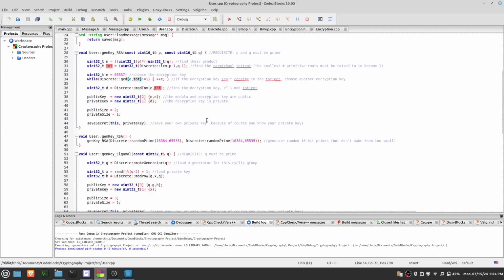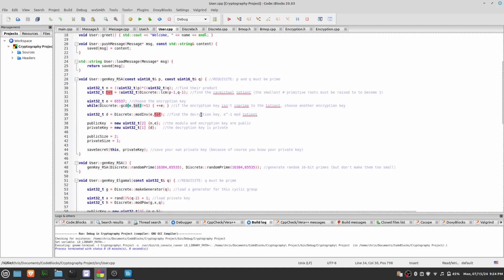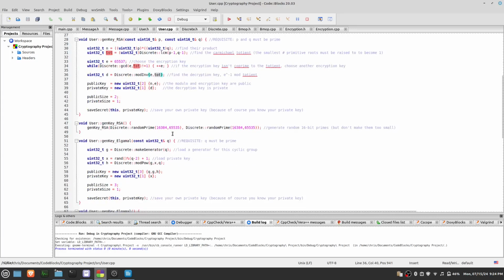It's similar to raising a number to the power of one third to take the cube root. You raise a number to the power of the modular inverse of 3 to find the cube root modulo n, although instead of modular inverse mod n, it's modular inverse mod the totient. Anyways, we record the public key, which is the modulo and the exponent, and the private key, which is the inverse exponent.